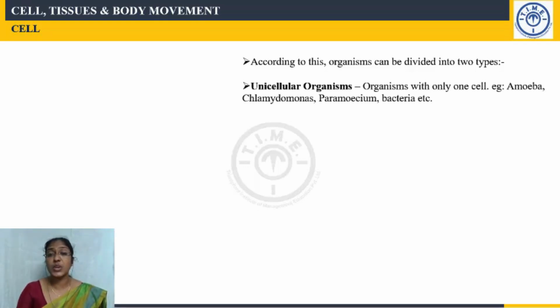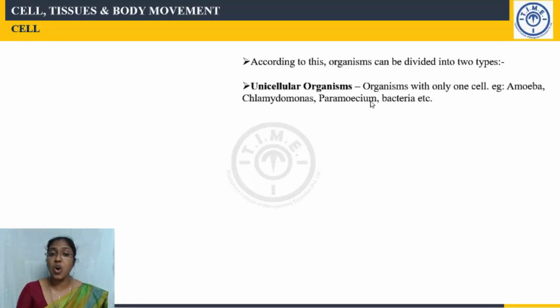What are unicellular organisms? When you look into that word, unicellular, uni means what? Single. Single-celled organisms are unicellular organisms, the organisms with only one cell. What are the examples? Amoeba, chlamydomonas, paramecium, and bacteria.